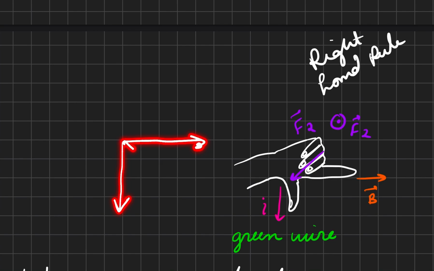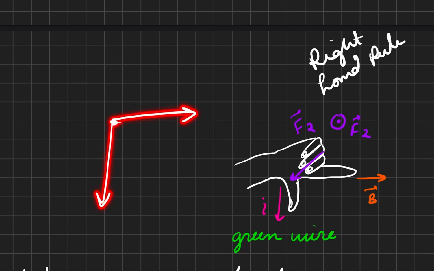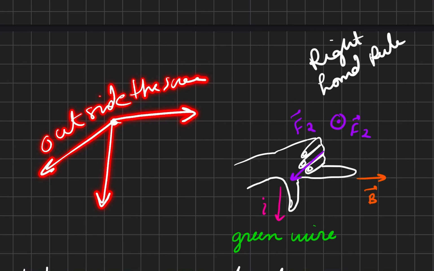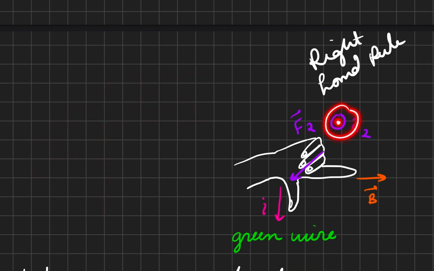Then F would be something like this, okay? Not inside, actually, it's going outside of the screen. So again, I is downward, B to the right. This is going outside the screen, and we represent it by a dot, meaning that it's going just outside the screen.